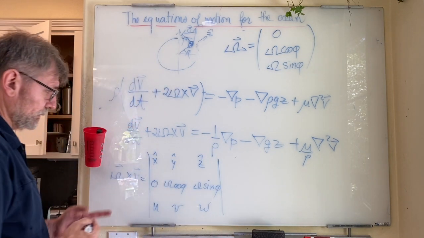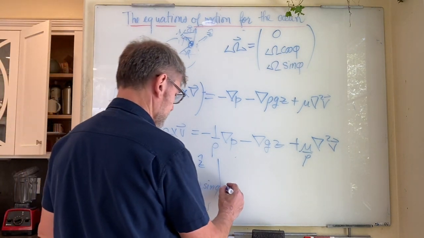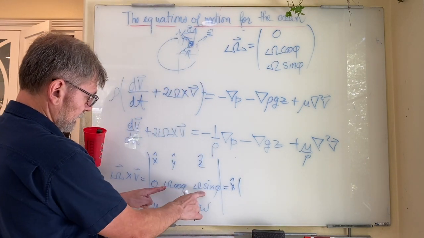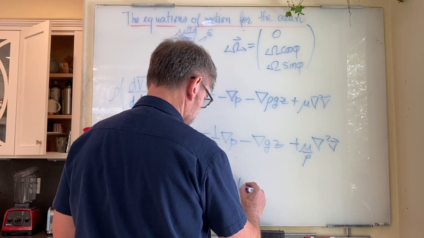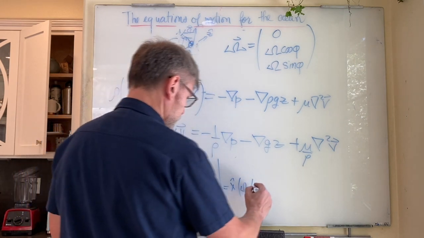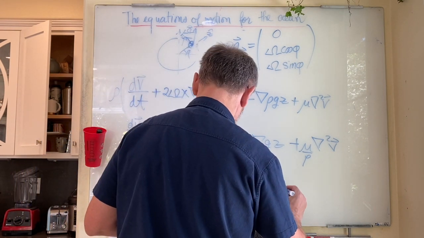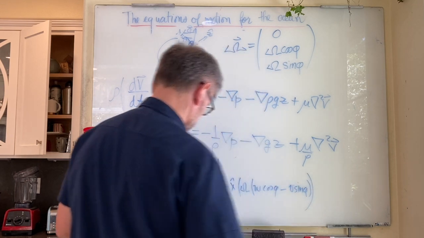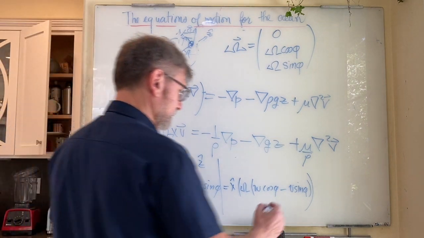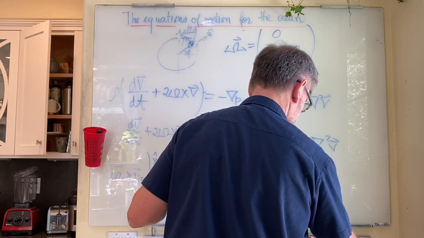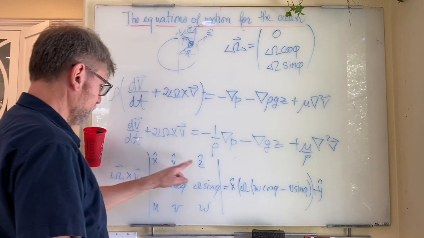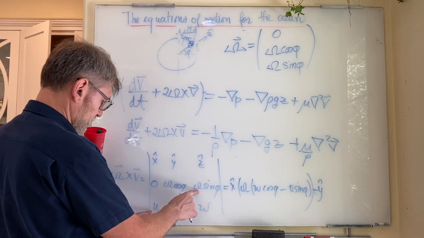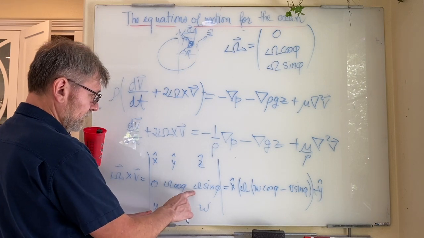And then the determinant is x hat times this minus this times this, which is omega times w cos phi minus v sine phi, plus y hat, or minus y hat. Right, we go minus y hat times this minus this times this. So minus u omega sine phi.